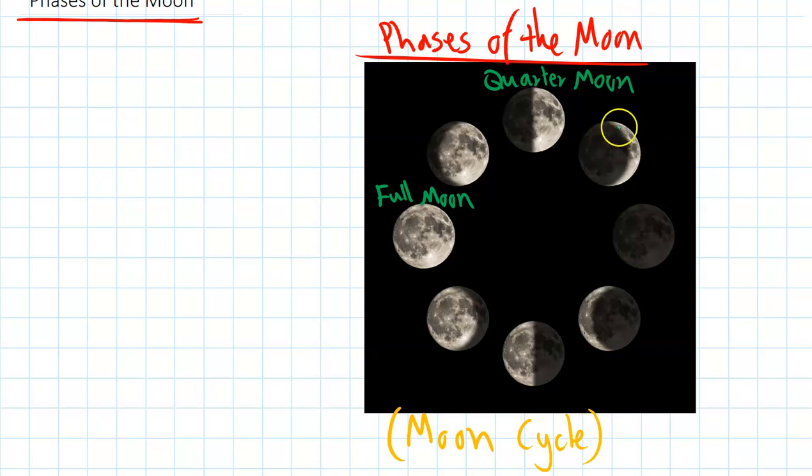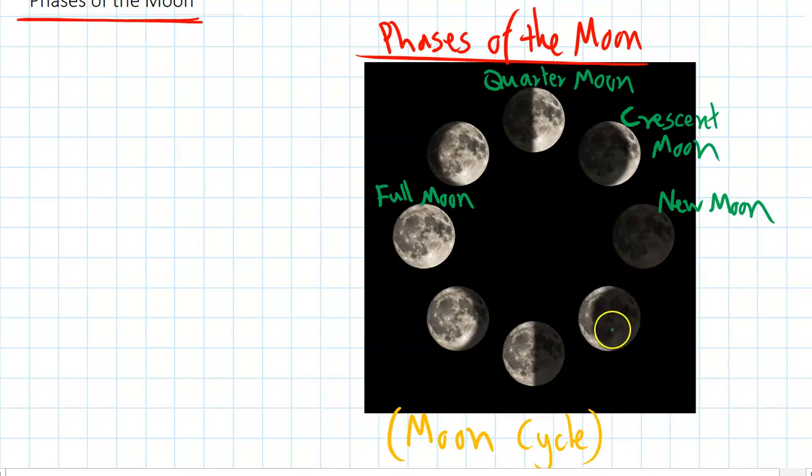Later on, then you can only see a sliver of the moon, and that's called a crescent moon. And then finally, we get to just one day each month where you actually can't see any of the moon at all. And that's called a new moon. Okay, and then we go back through the cycle.